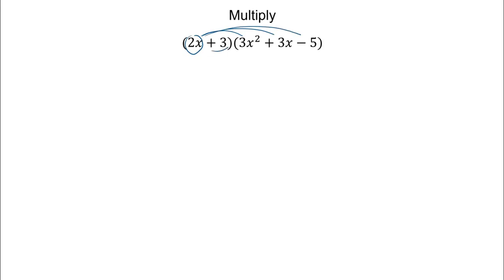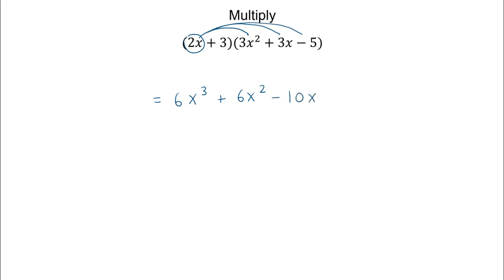And then we're going to multiply the 3 by each term in the trinomial. 2x times 3x squared is equal to 6x to the third. 2x times 3x is equal to 6x squared. And then 2x times minus 5 is minus 10x.